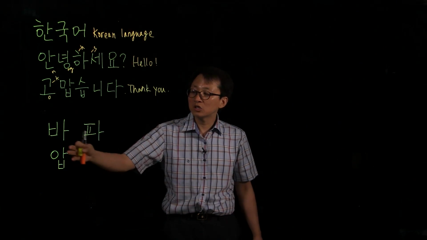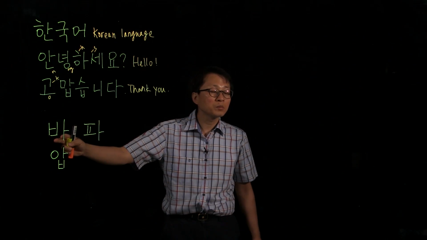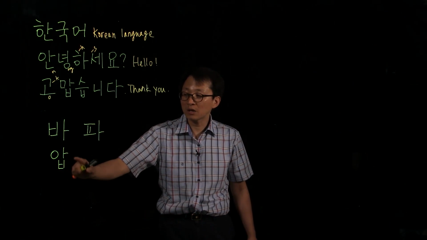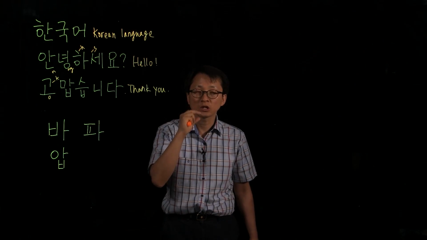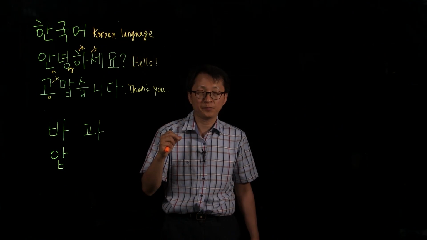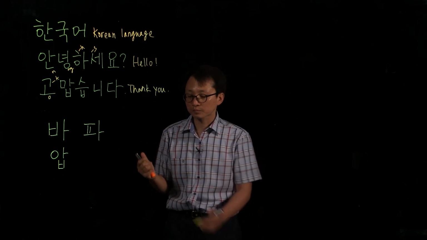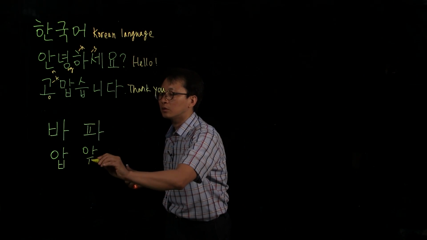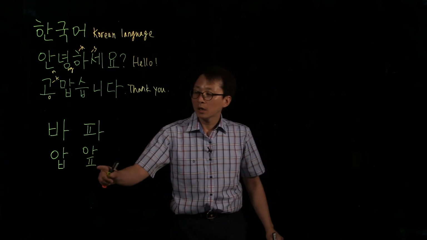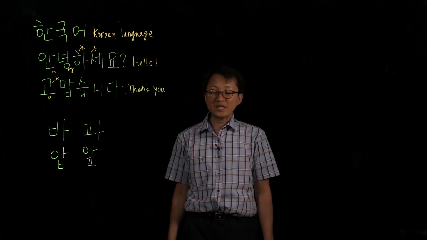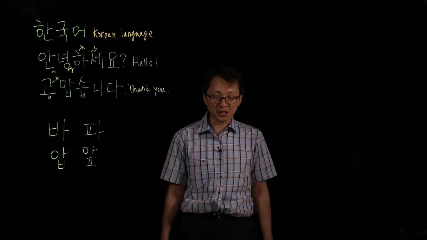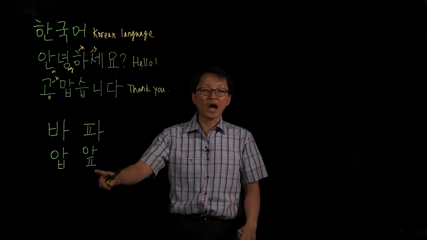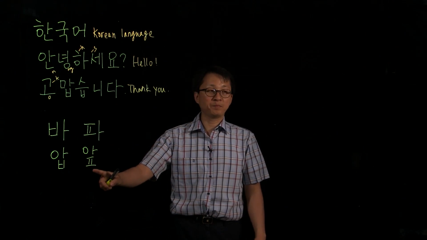We make the distinction between b and p by releasing the sound, but at the syllable final position, you just close it. Up. That's it. It is supposed to be a strong p sound, so it is supposed to be up, but we don't release the sound at the end, like up.